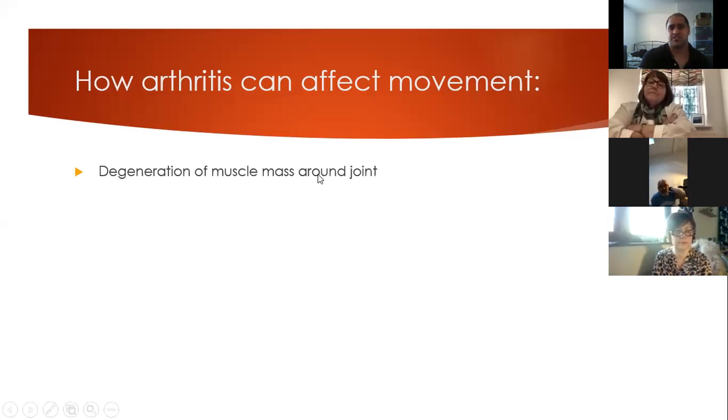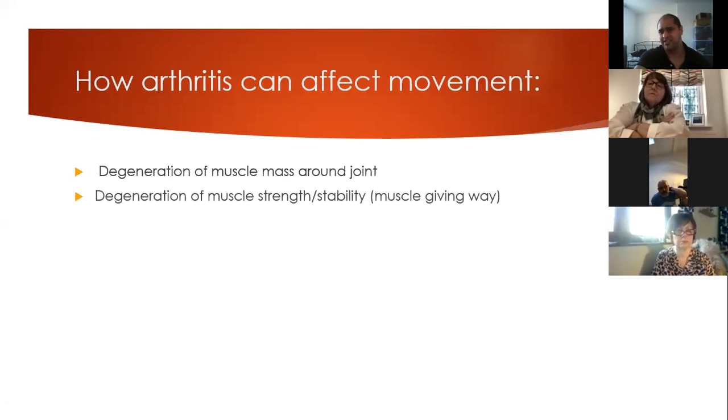If you think about the actual meat of a muscle being like a wall around the joint, obviously, if you suffer from arthritis, that muscle mass does deteriorate. So you don't have that sort of effectively cage around the joint, keeping it locked into place. And with degeneration of muscle mass becomes degeneration of muscle strength. The muscle isn't strong enough to keep the joint under control. And again, the stability will go with it.